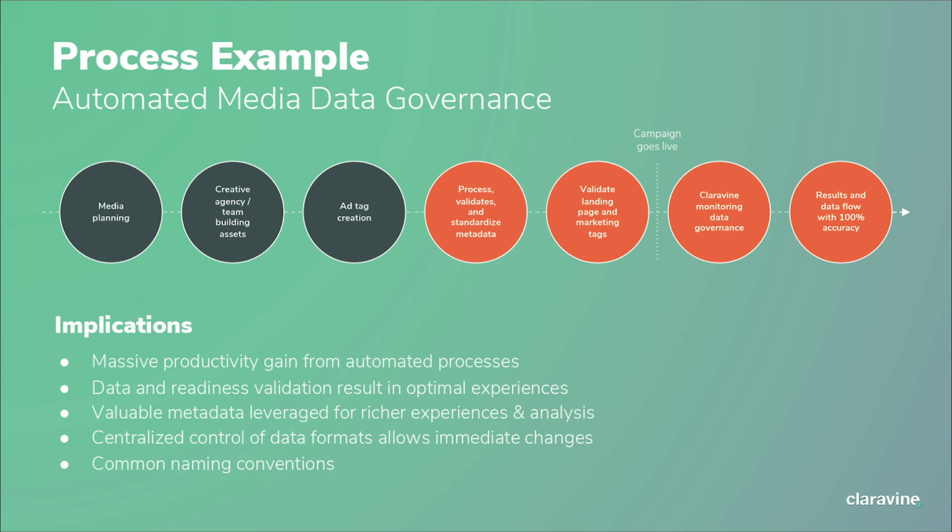And then after the campaign goes live, not only do you want to check immediately that the campaign's set up properly, but over the course of the campaign while it's active, whether that's an always-on campaign or a campaign that's running for a finite period of time, having that assurance that everything's working from the data being sent to the landing pages and the tags, such that when the data flows through to the different systems, whether they're DMPs or analytic solutions, that the data is going to be 100% accurate.